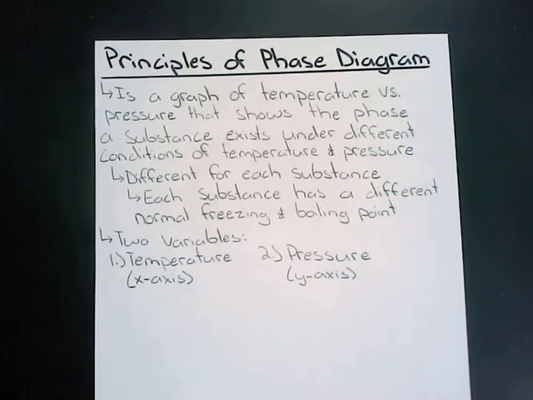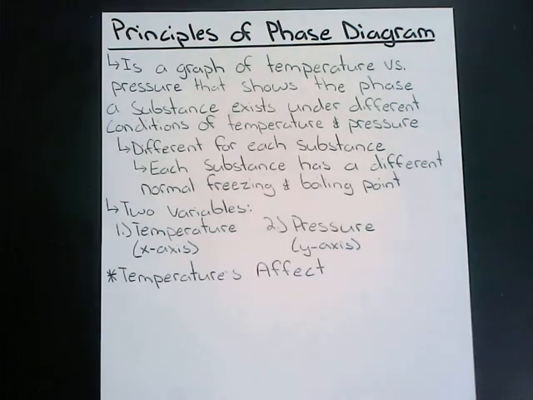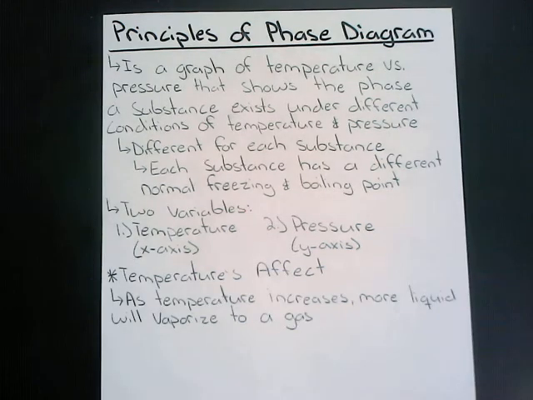Now, let's talk briefly about the temperature's effect on the phase of the substance. As the temperature of a liquid increases, it will cause more liquid to vaporize to a gas. As the temperature decreases, it will cause more liquid to freeze to a solid.